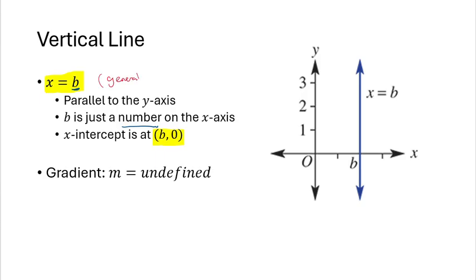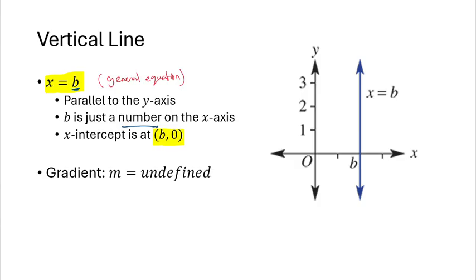Now, there's a general formula, or general equation. Maybe equation will be better. The general equation is x equals b. Just note that this vertical line has some key features. It is parallel to the y-axis.